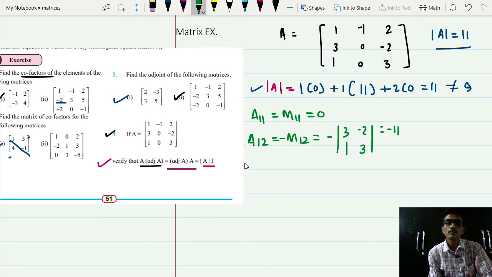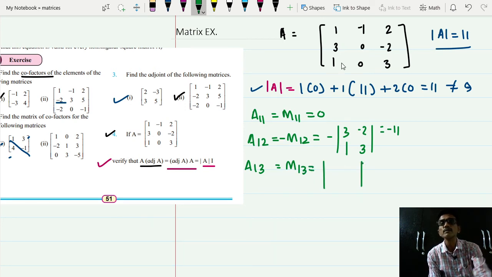Then A13 is equal to M13, which is the value of the determinant, first row and third column. So this is 0: 3 1 0 0, it is 0.